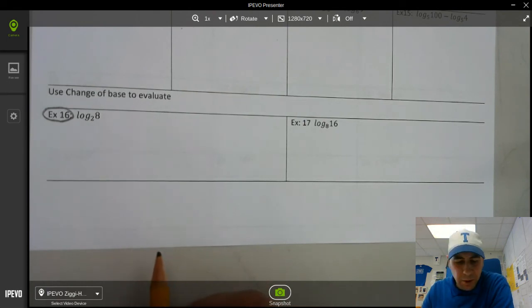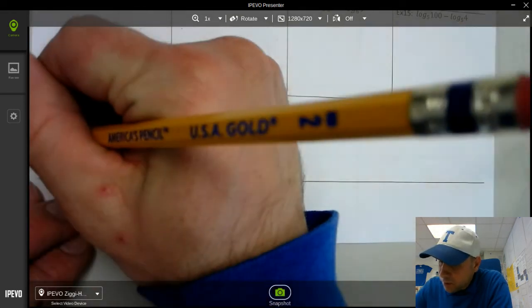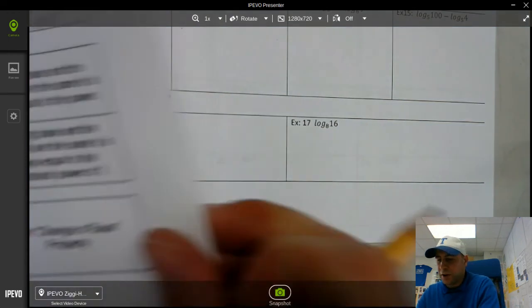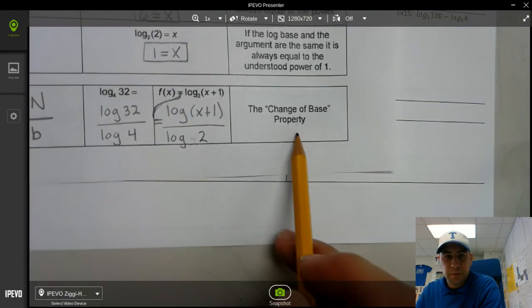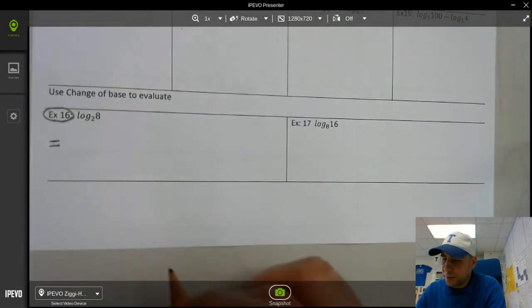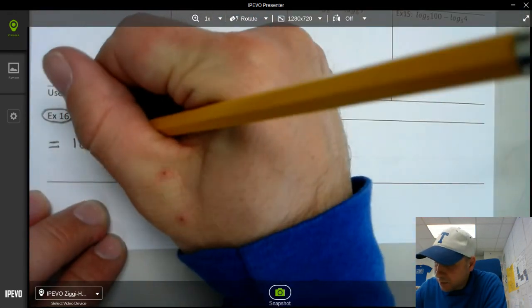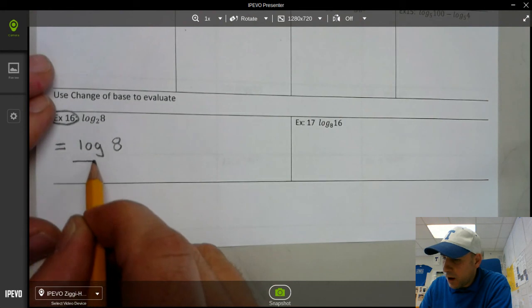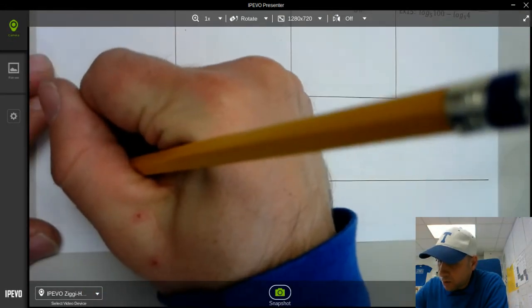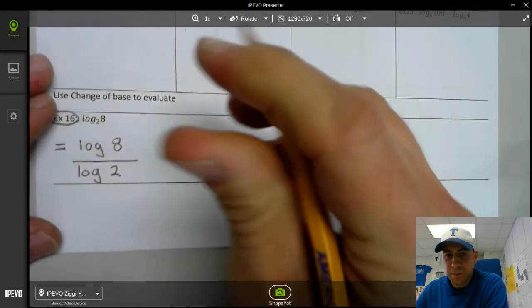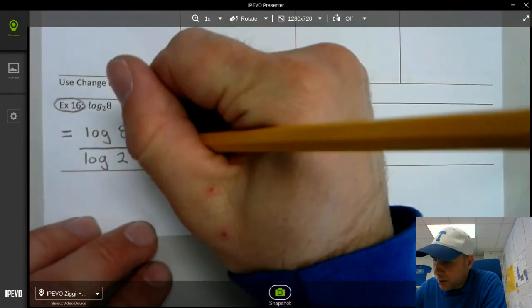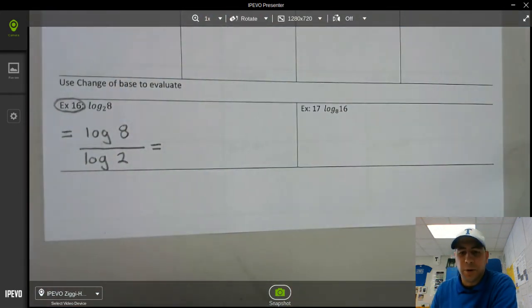Okay. I think we can do that. Change of base. Okay, let's see change of base property. All right. So I'm using here change of base property. Okay. So this becomes log of 8 divided by log of 2. And then I'll explain how to put that in the calculator when you get to class, okay?